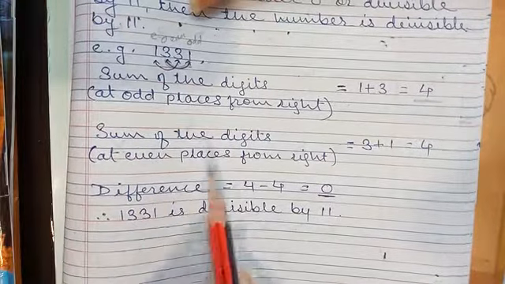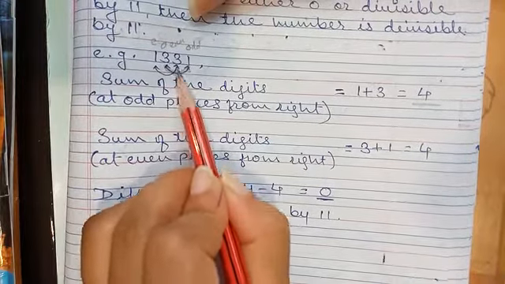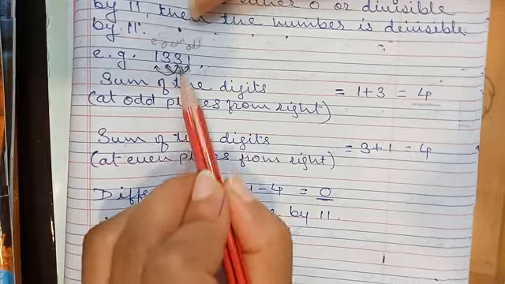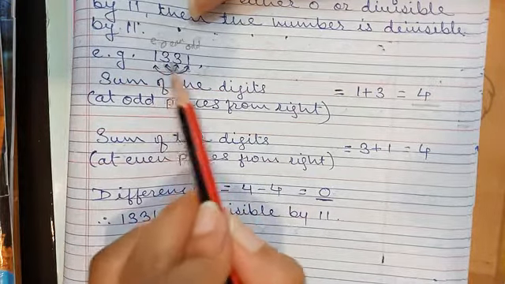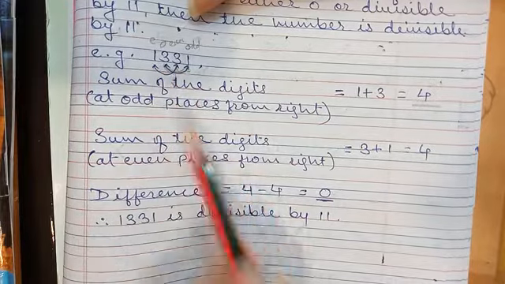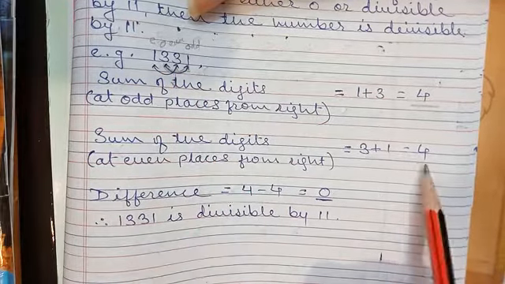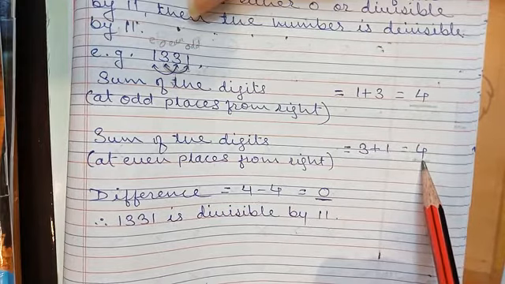Now we will move further and go to the even places. This is the second, tens place, and this is the thousands place. So when we add both of them, 3 and 1, we get 4 as the sum.